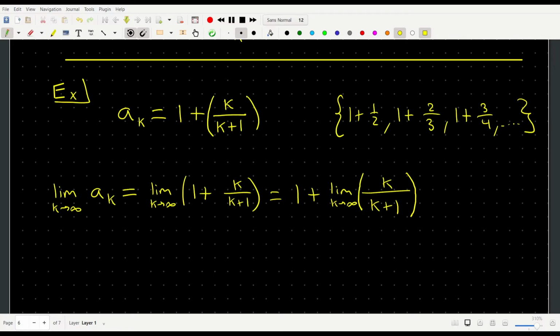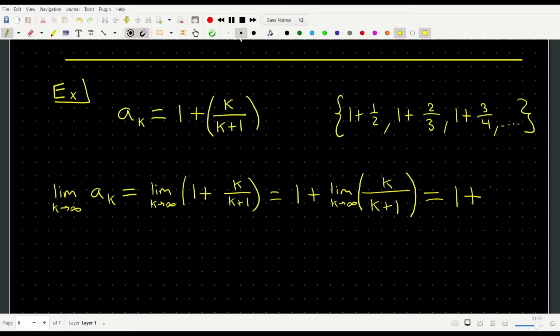But the idea here is that we will be able to apply L'Hopital's rule. You'll notice that this is an indeterminate form, and we can actually directly apply L'Hopital's rule to this to get 1 plus this limit right here is going to be 1.